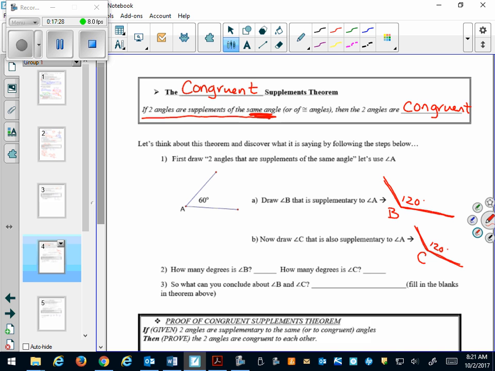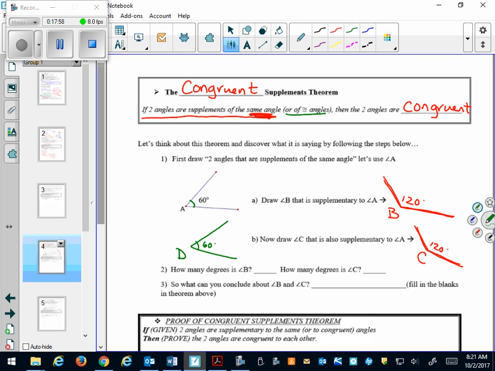Now, notice this little piece that's in parentheses here. It says if two angles are supplements of the same angle or of congruent angles. So just real quickly, pretend this is angle D, and it's also 60. If I say that A and D are congruent, I establish that as a fact.